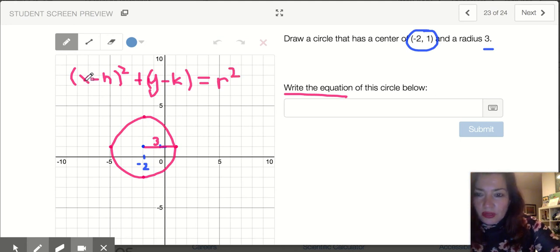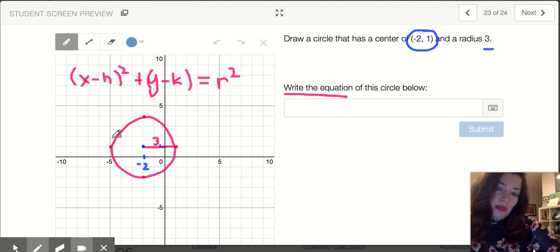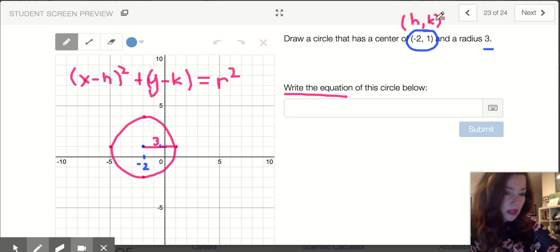Now the only thing I need to do to write my equation of the circle is enter my h, k. Well, we know that our h, k is the center. So our center is -2, 1, which represents h is equal to -2 and k is equal to 1. And 3 right here is our radius, which is our r.